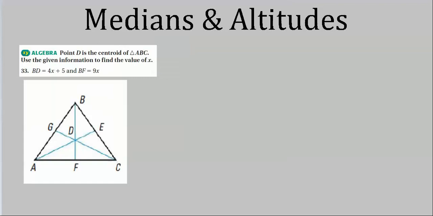Well, here's another one where we just have to use geometry to figure out how to set up an algebraic equation. And this time they didn't write the values in for us. We have to do it. So we got BD, and that is 4x plus 5. I'll write it out here, I guess.